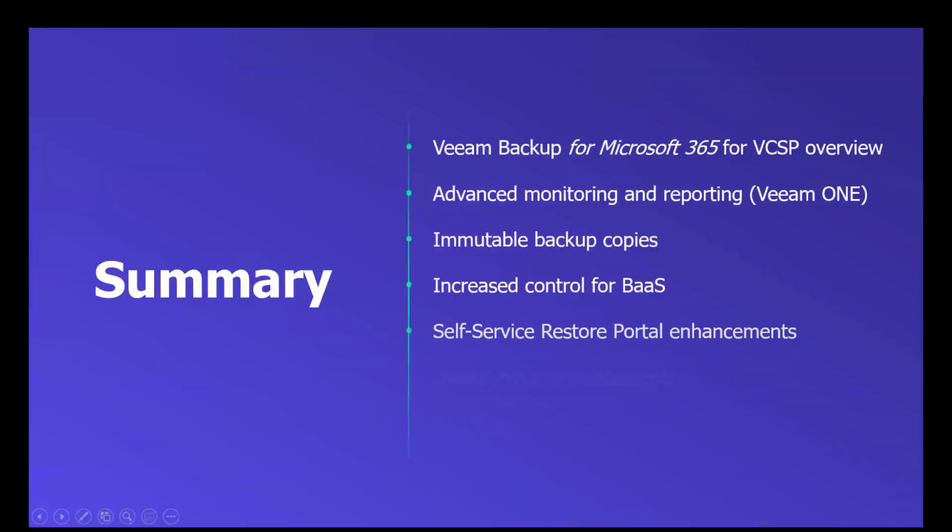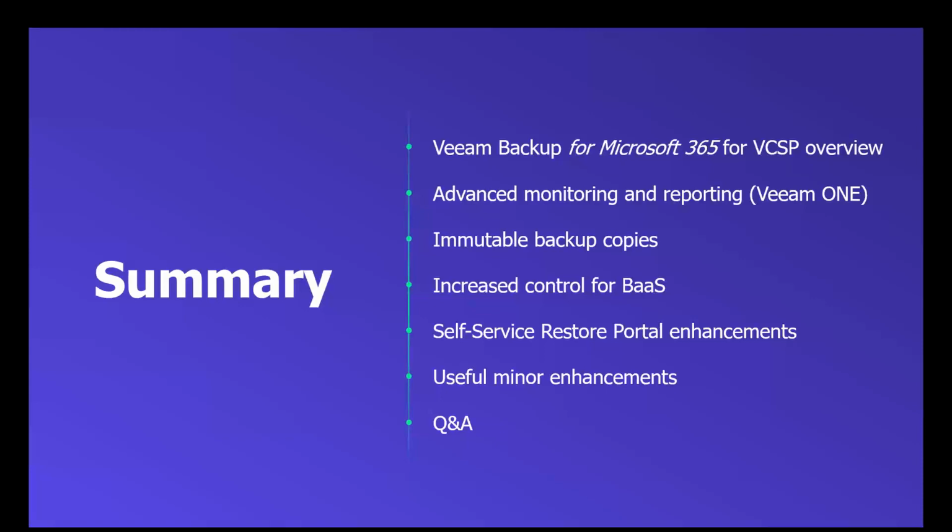So without further ado, these are the topics that I will address today. I will give you a quick overview of Veeam Backup for Microsoft 365 for VCSP, so for the Veeam Cloud and Service Providers, followed by the main new features in version 7, like advanced monitoring and reporting with the tool called Veeam ONE, immutable backup copies, increased control for backup as a service, and the self-service restore portal enhancements, and some useful minor enhancements.